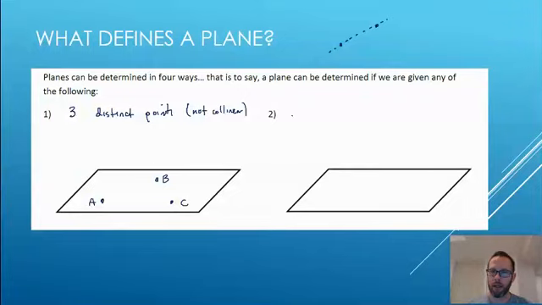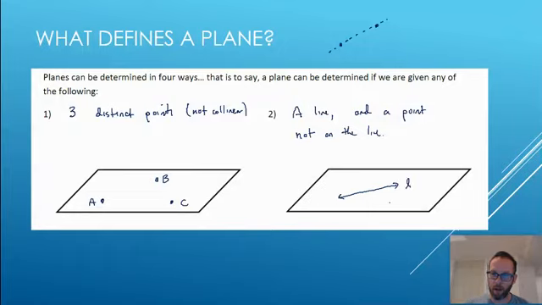Also, if you have a line and a point not on that line, that defines a plane too. So for example, here's a line, call this L, and some point P not on the line.